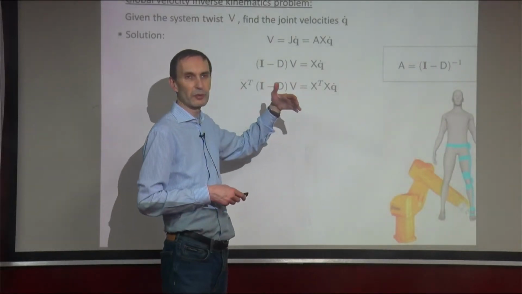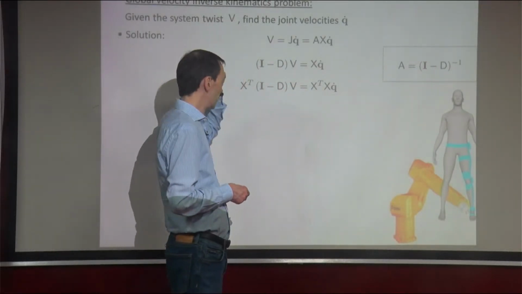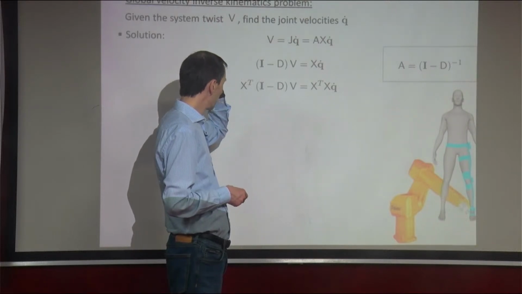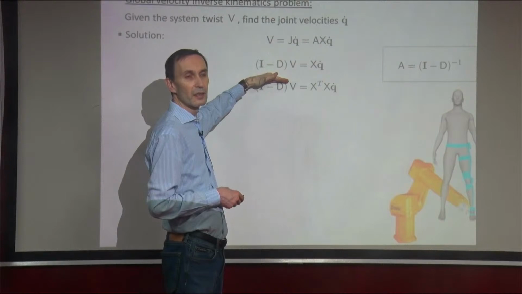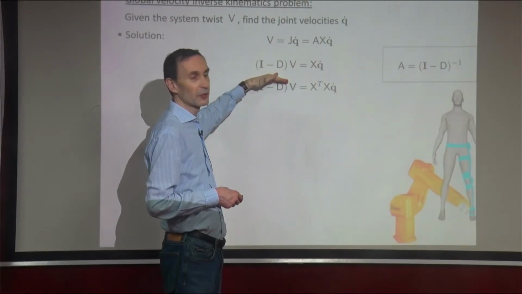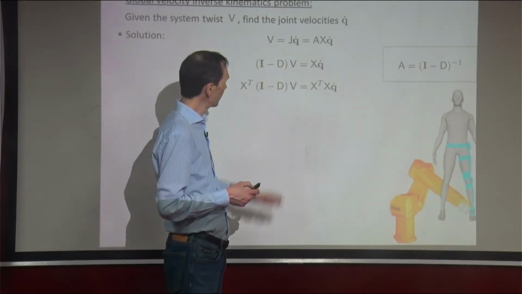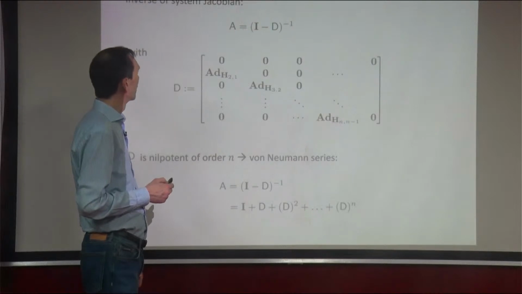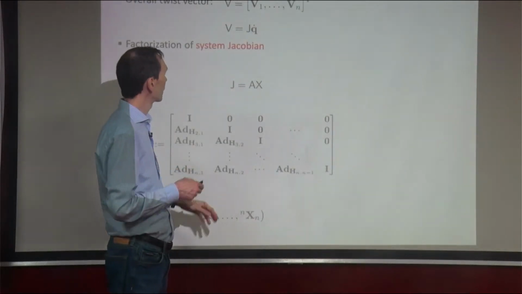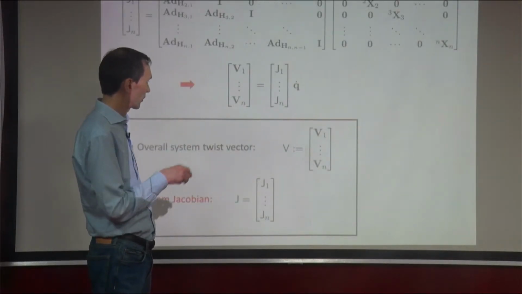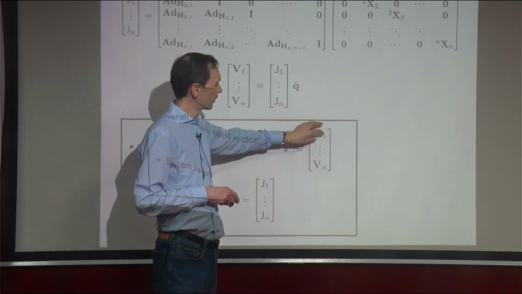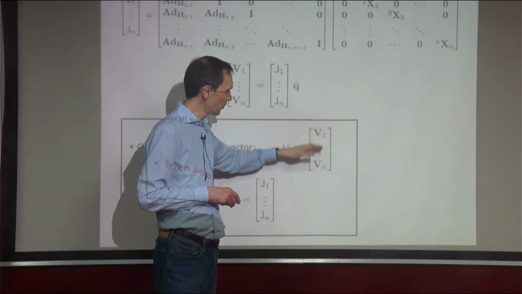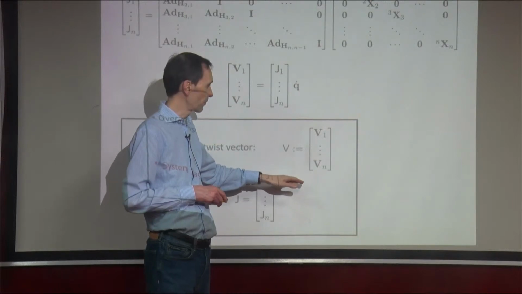And then what do we have? We have an overdetermined system. Yeah, because how many equations do we have here? 6n. Remember this V, the big system twist, comprised all the twists of the n bodies, 1 to n.